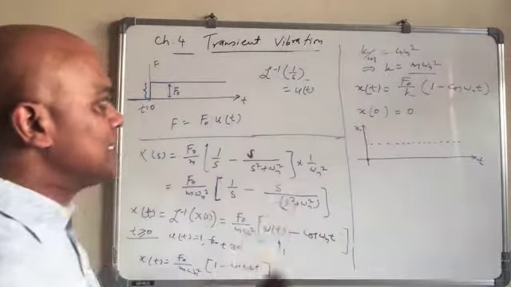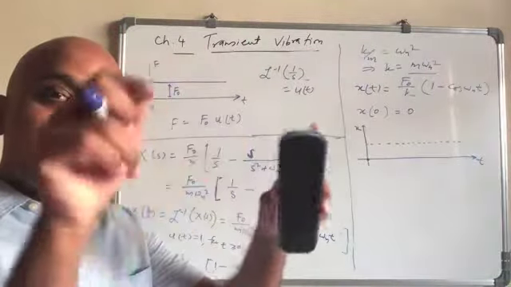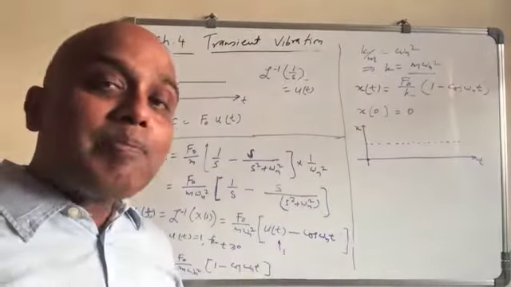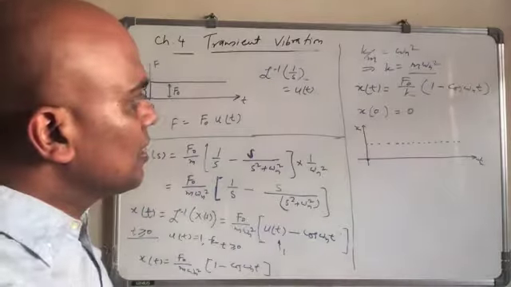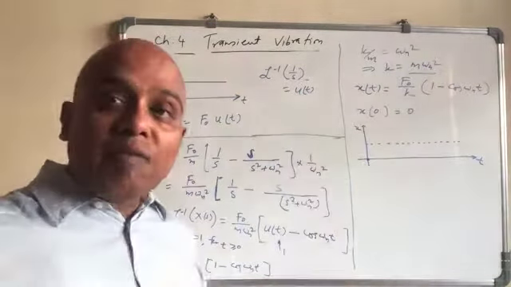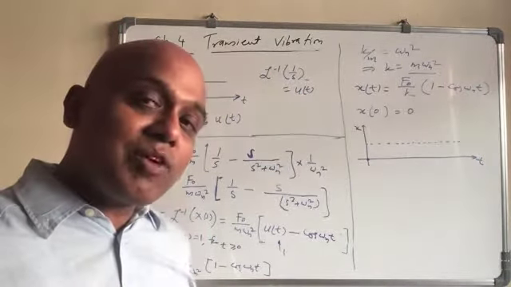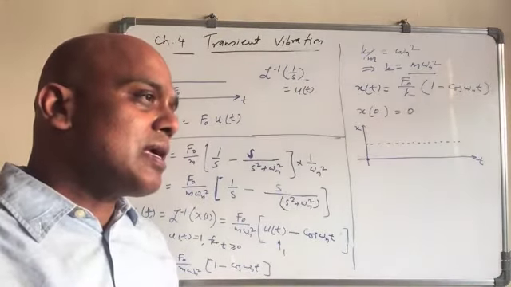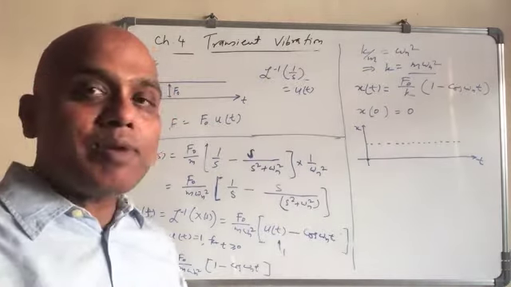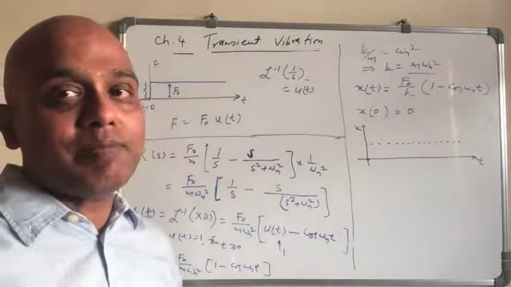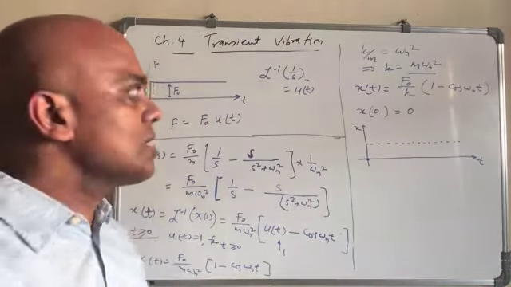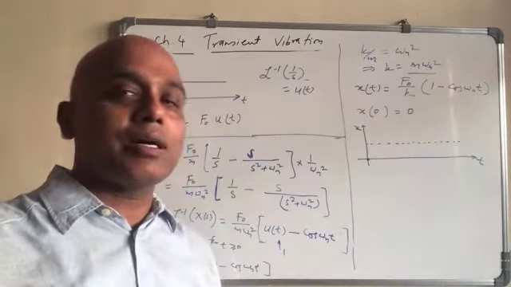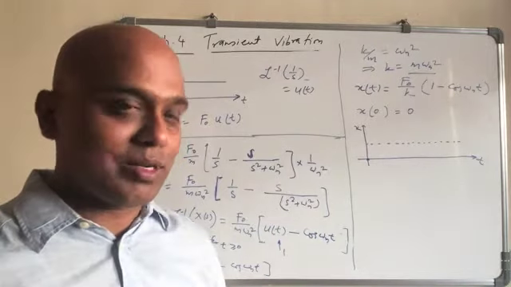So a spring mass is there, and we apply a constant force F naught to the mass. If you apply a force F naught to a spring, the displacement will be F naught divided by k.